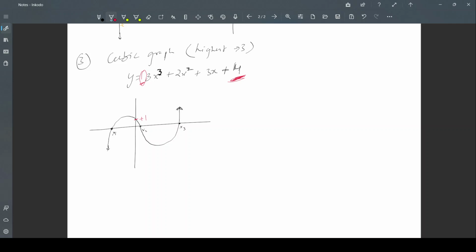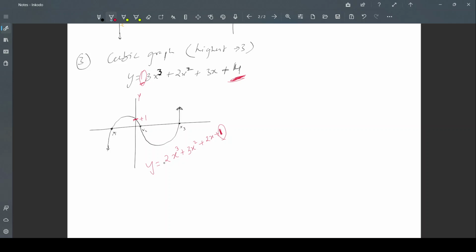Let me give you a little bit of examples. It will not be the perfect equation, but let's say this is y equals 2x cube plus 3x square plus 2x plus 1, because it comes to be plus 1 this way, right? Because it's meeting at plus 1 on the y-axis.